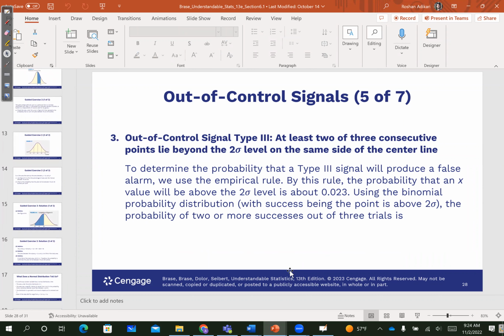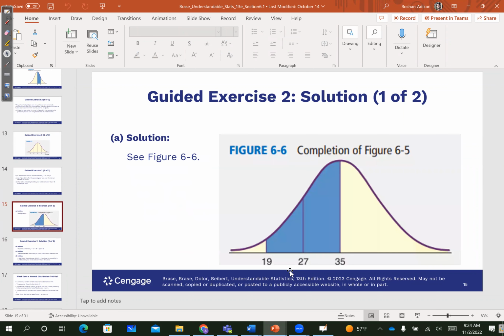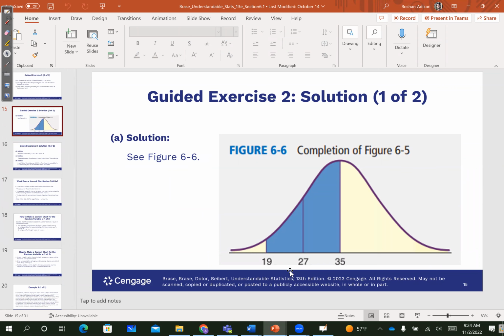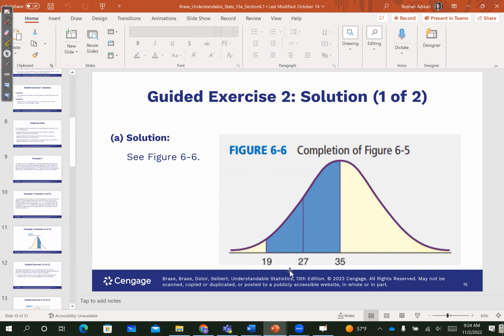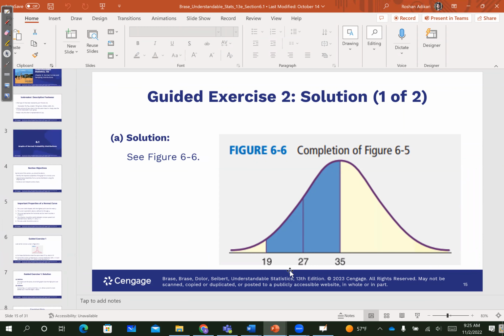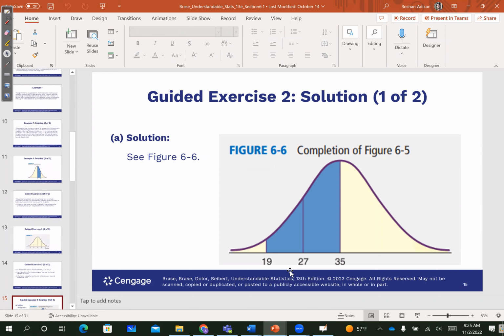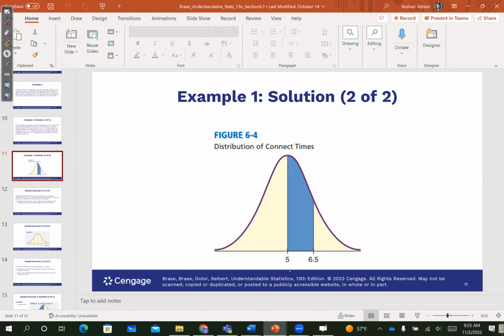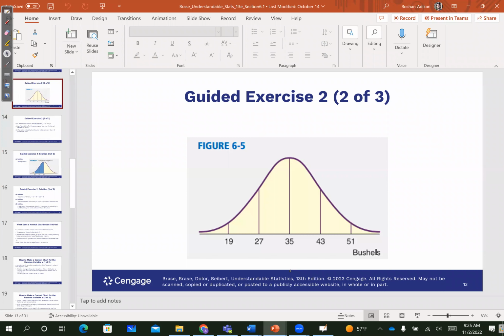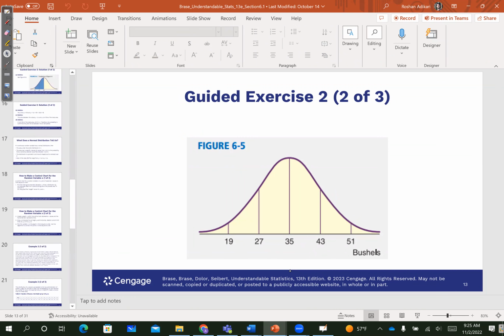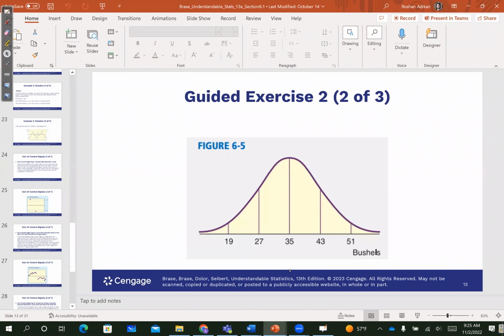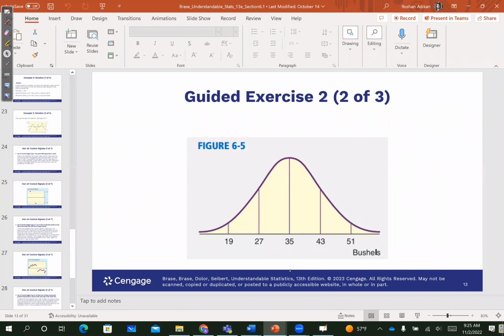So maybe not that. Somewhere here it should be. So for a normal curve, we have that idea. So this question is based on that.